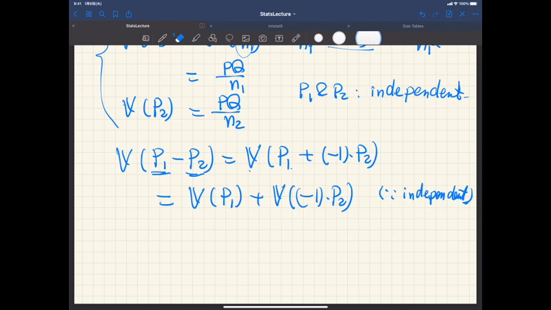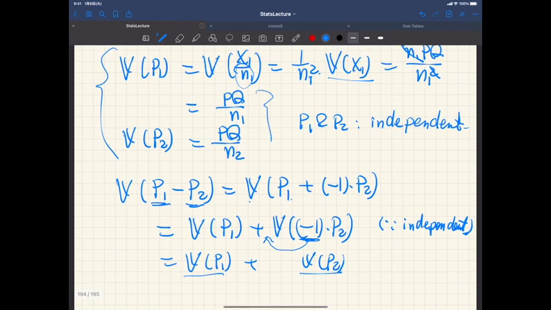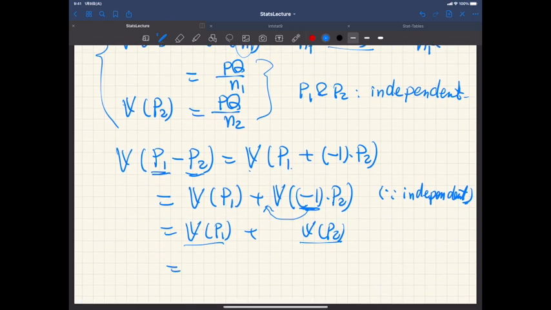Now, it's a variance, so this constant can come out, but it should be squared. So negative 1 squared is just 1, so we can get rid of it. So it's just a summation of these two, so we have pq times 1 over n1 plus 1 over n2.